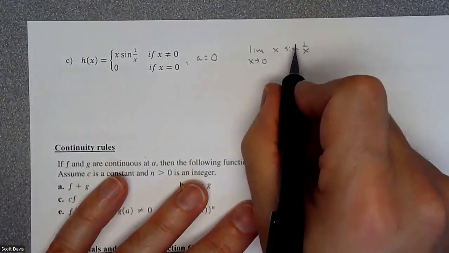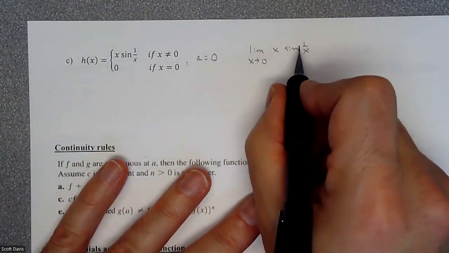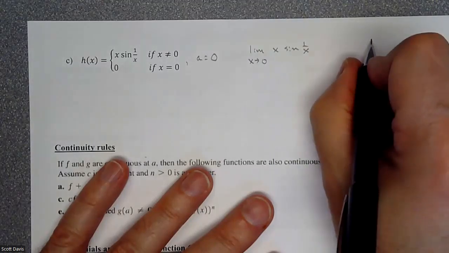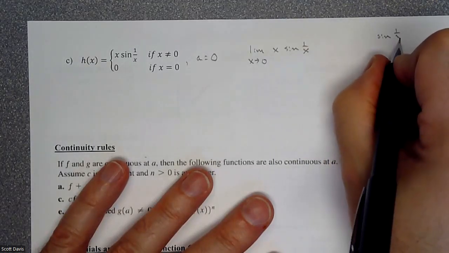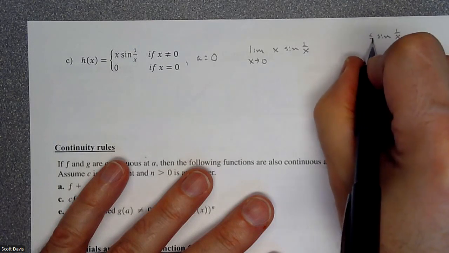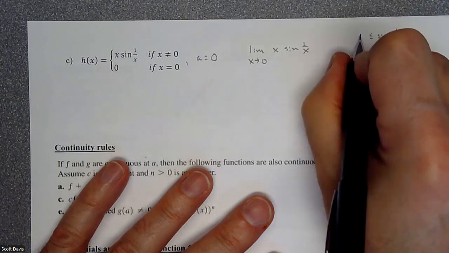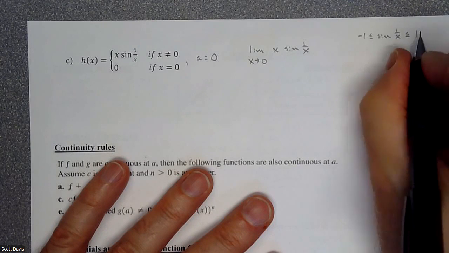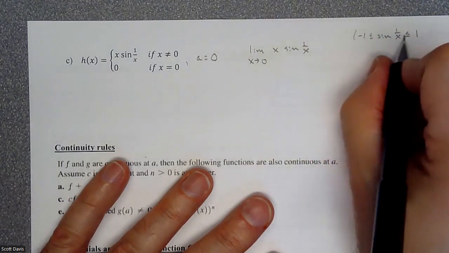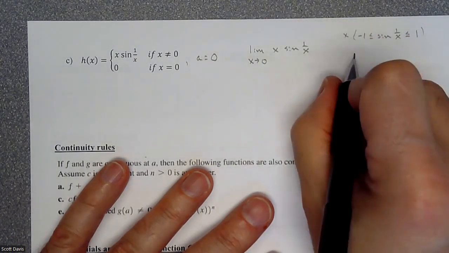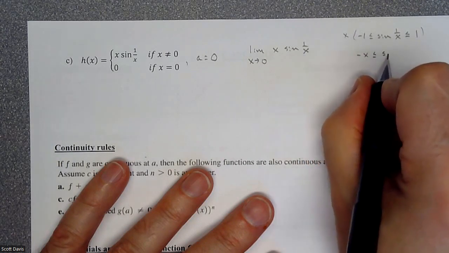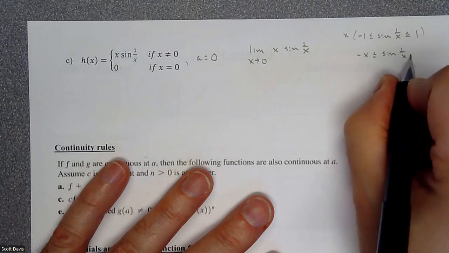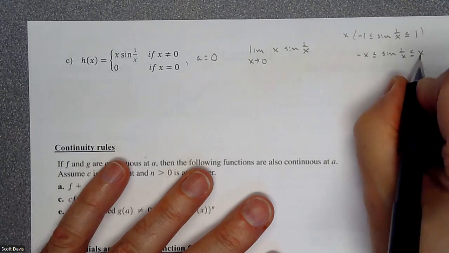So this is a squeeze theorem kind of problem. If we take sine of 1 over x, in general, a sine curve is going to range between negative 1 and 1. And if we multiply every single piece by x, we'll get negative x less than or equal to x sine of 1 over x less than or equal to x.